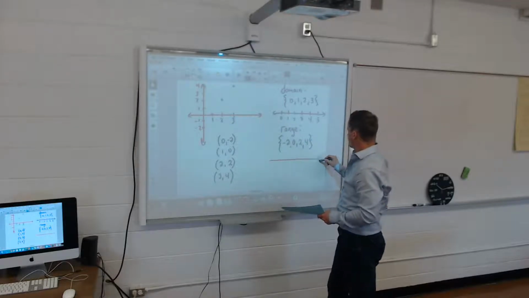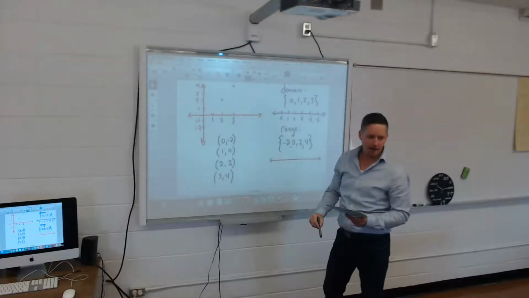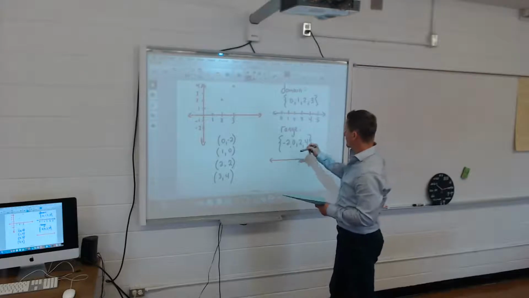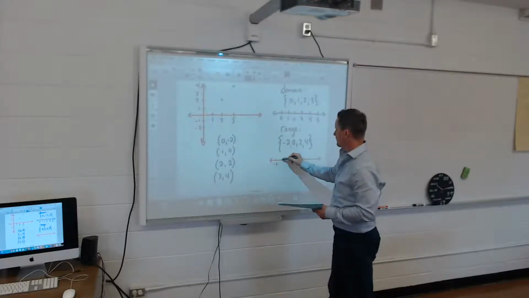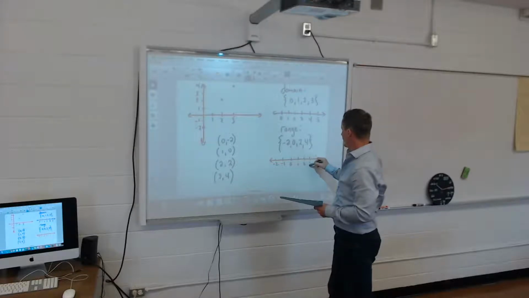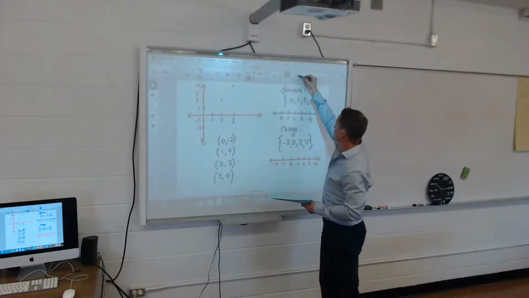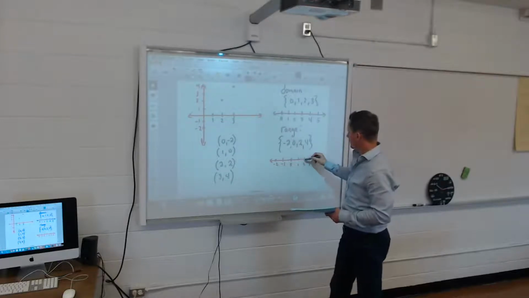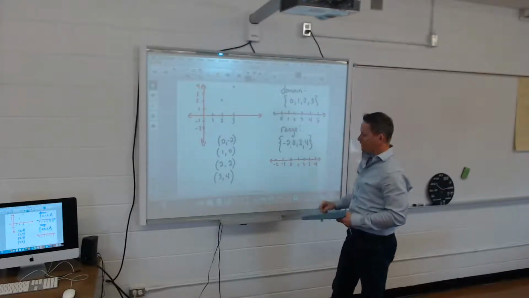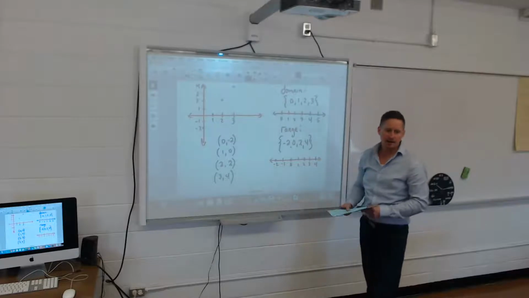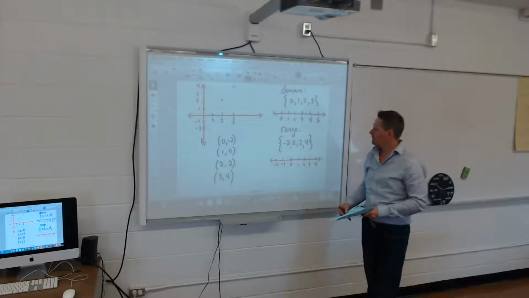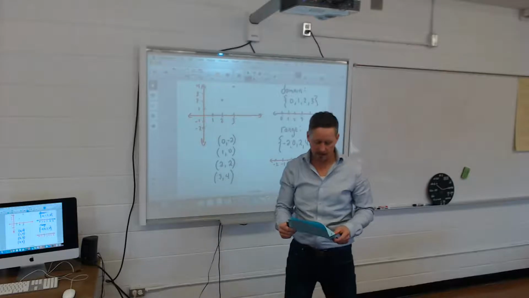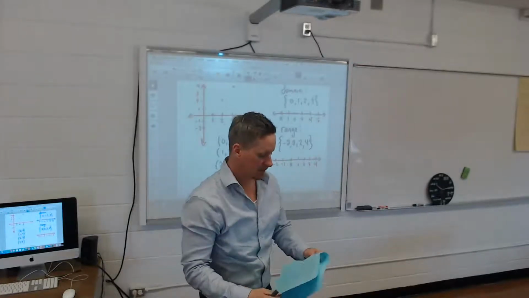My range for this graph is, I go -2, -1, 0, 1, 2, 3, and 4. So my range for this graph is -2, 0, 2, and 4. So that's how I would put it onto a number line for explaining that graph. Okay?